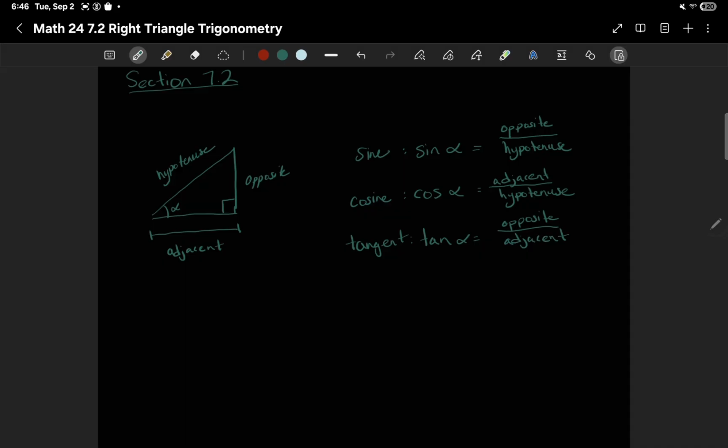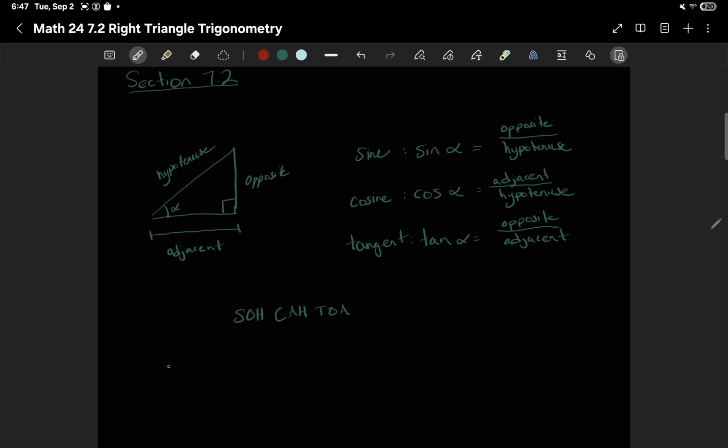There's a common mnemonic device people use to remember these relationships: sine is opposite over hypotenuse, cosine is adjacent over hypotenuse, and tangent is opposite over adjacent, and this reads as SOHCAHTOA. You can use SOHCAHTOA to remember which proportions of a triangle go to which trigonometric function.